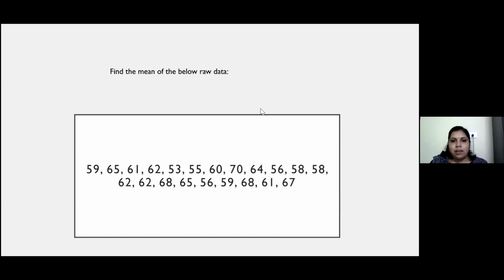Come on, everyone. So find the mean of the below raw data.